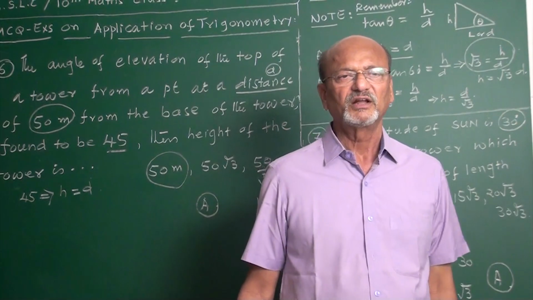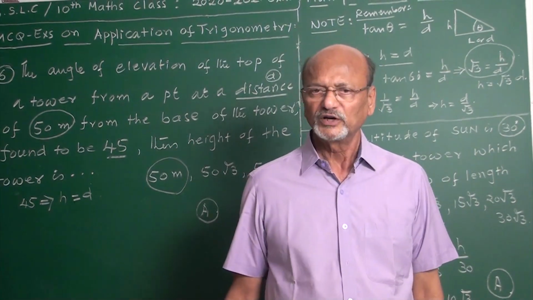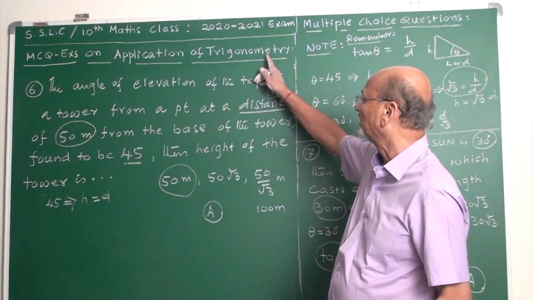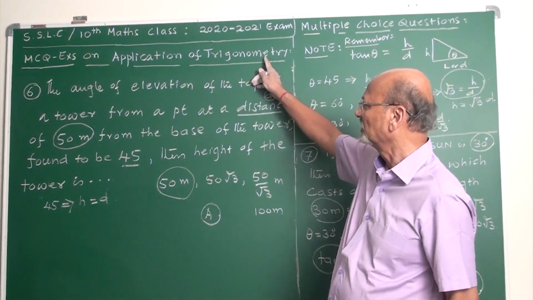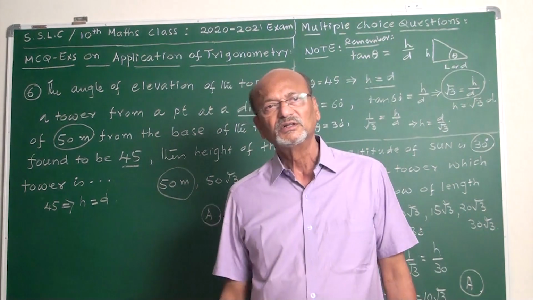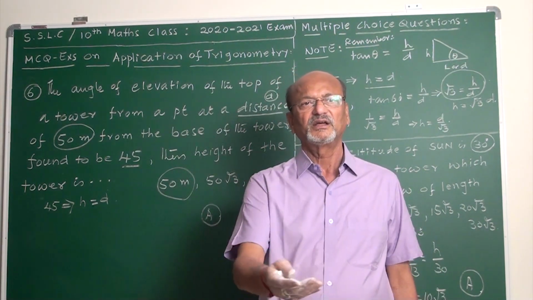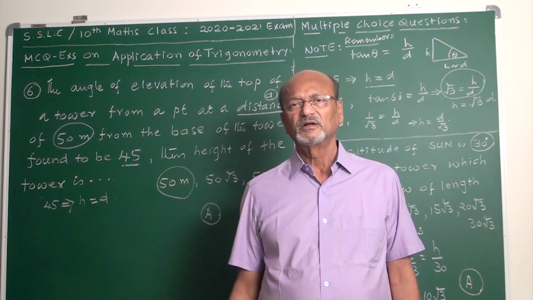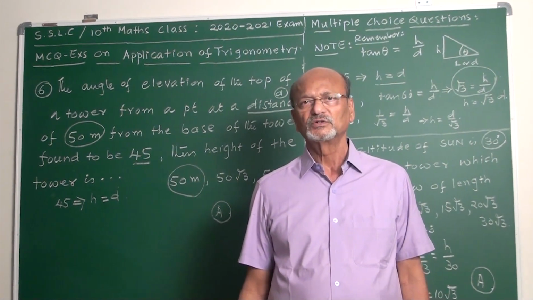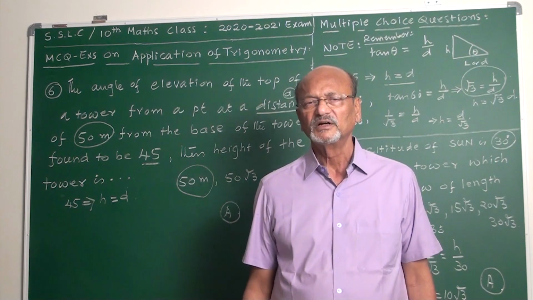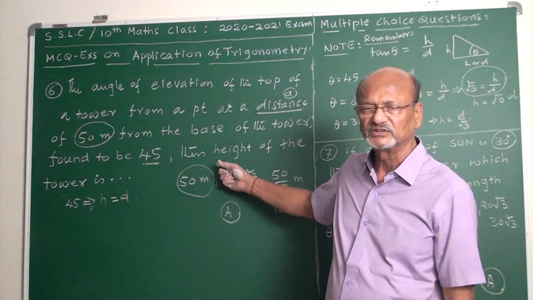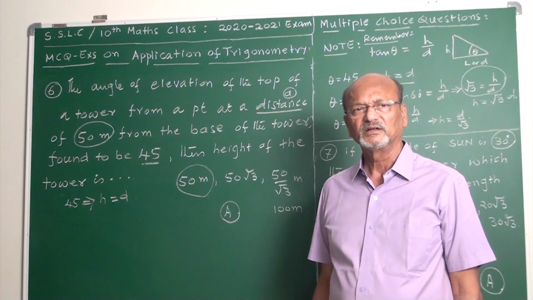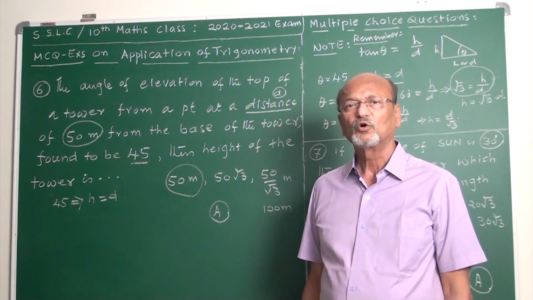In this video I have done some examples on coordinate geometry and some examples on applications of trigonometry, combined. So with this, nearly 4 videos I have done for trigonometry and 2 videos for coordinate geometry, and this 7th video combines both.